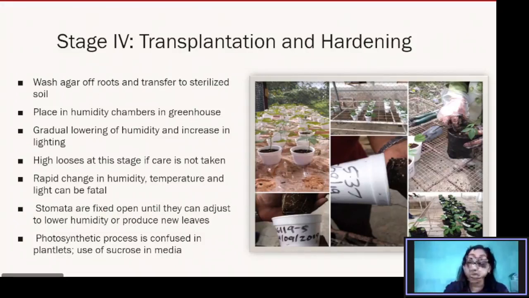It undergoes photosynthesis. There was no need for plants to undergo photosynthesis in culture. So the plant has to learn to survive in this external environment. Once you have success at this stage, then your plant tissue culture process is over, and then you're ready for field establishment. Here is transplantation and hardening of some cassava varieties that we have done in the past.